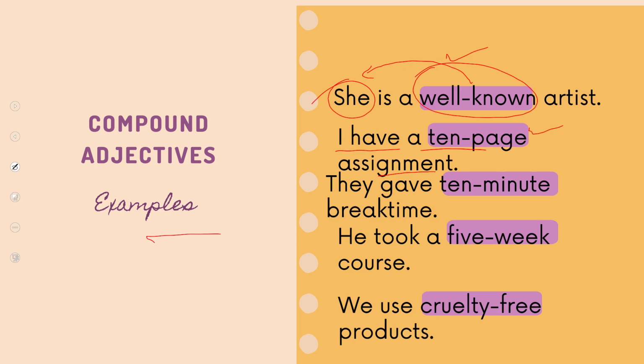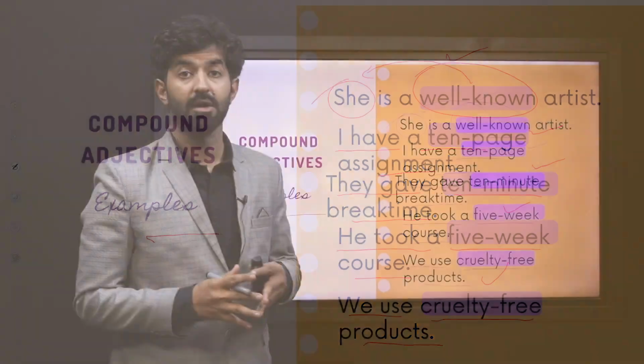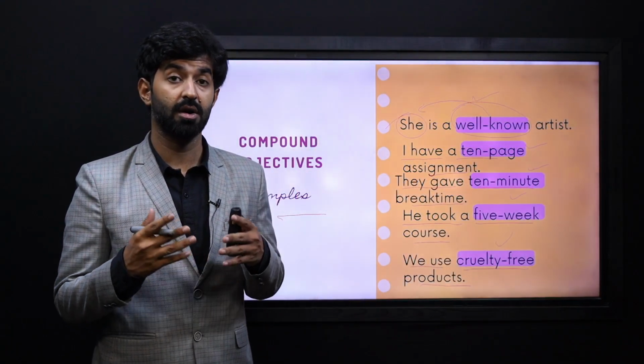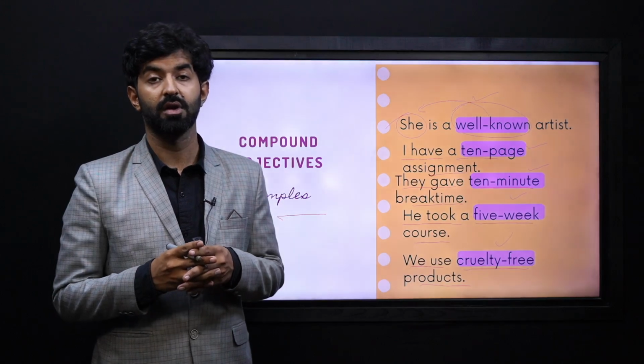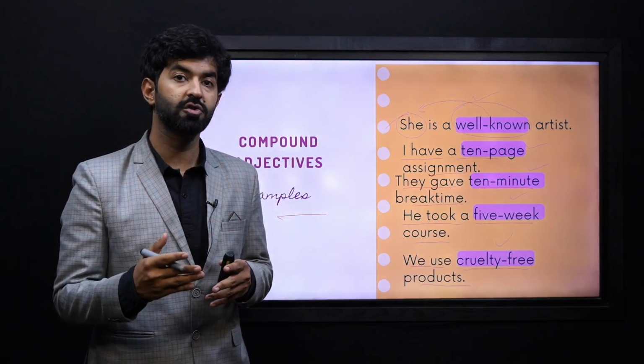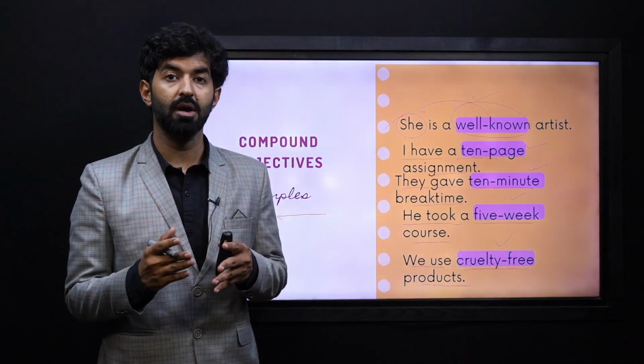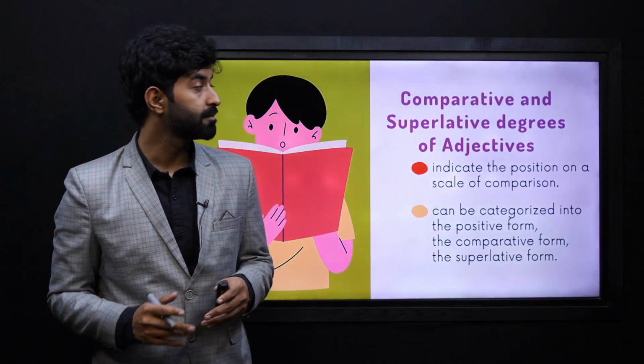Again, this is our compound adjective. They gave a 10-minute break time. He took a 5-week course. We use cruelty-free products. So all these hyphenated words are actually our compound adjectives. They are also adding to and describing our noun or pronoun.